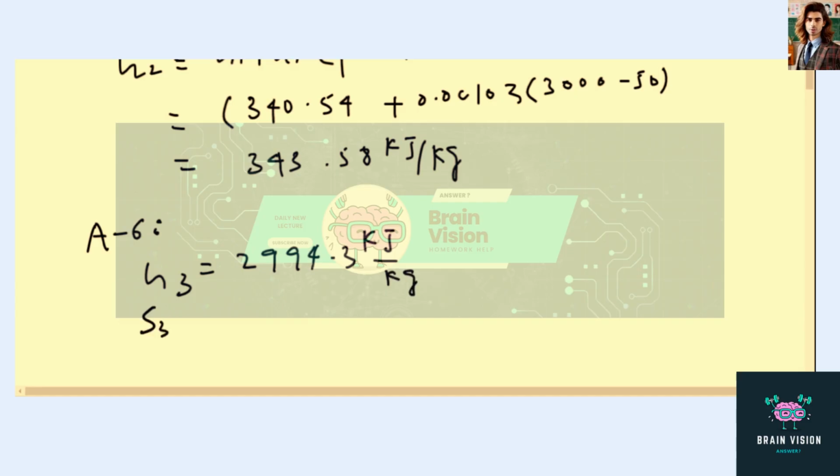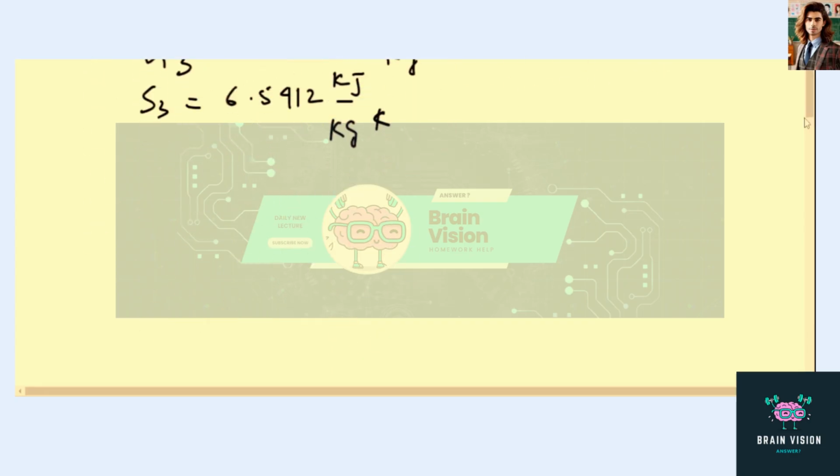And then we have S3, that is entropy at state 3, equal to 6.412 kilojoule per kilogram per Kelvin, right?